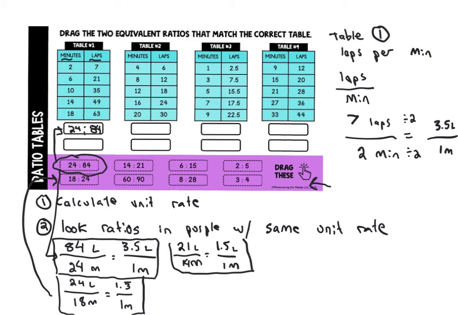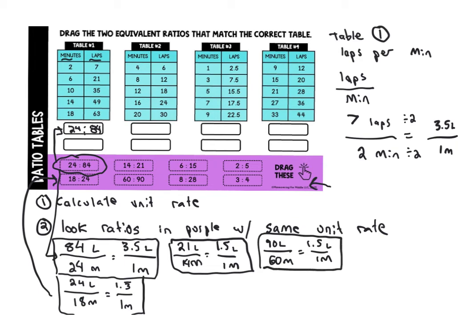Okay. That one doesn't fit. That's a different unit rate. We could say 90 laps per 60 minutes. 90 divided by 60 is 1.5 laps per 1 minute. So there we have another one.